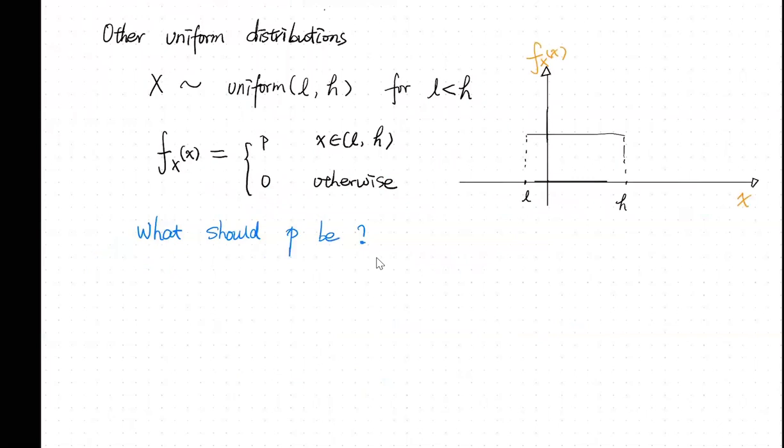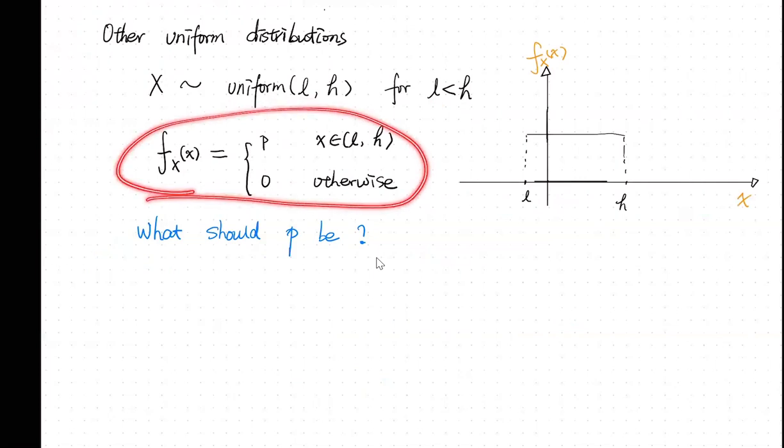In general, a uniform distribution is written as uniform L H, uniform distribution with parameters L and H, where L and H are two numbers, and L is a smaller number than H. The density function of a uniform distribution on the interval L to H is given by this. So the density is flat at some value, let's say P, on the interval L to H, and it's 0 in other places.